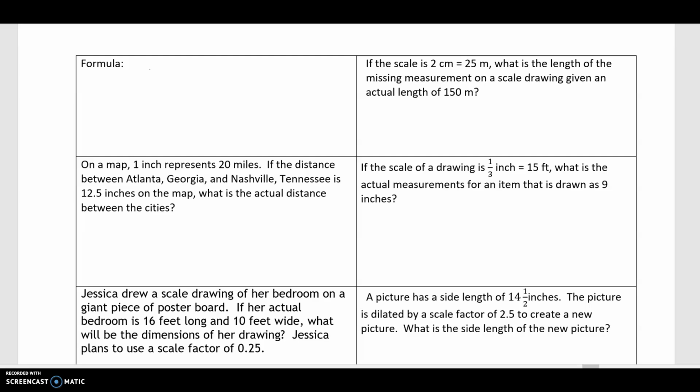All right, so we should already have our formula on our paper. What we do for our formula is I always write the scale that they give me on the left side of my proportion. And then on the right side of the proportion, I put the model over the actual.